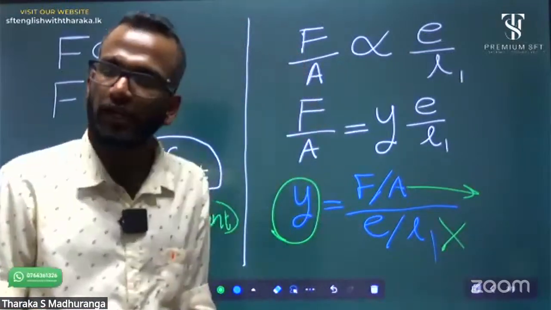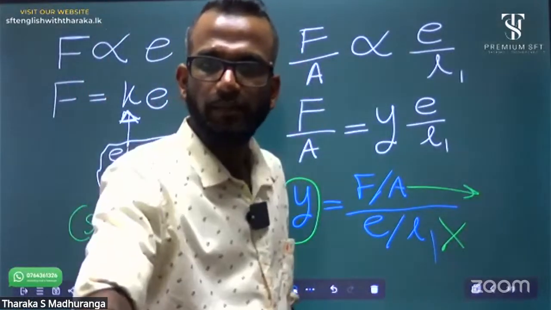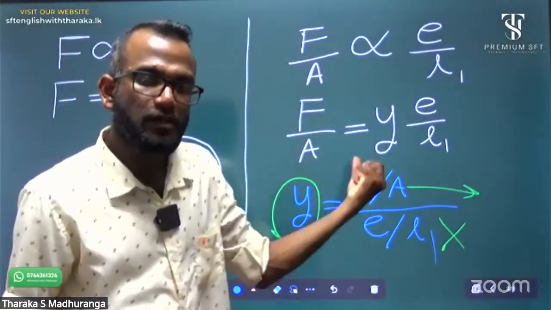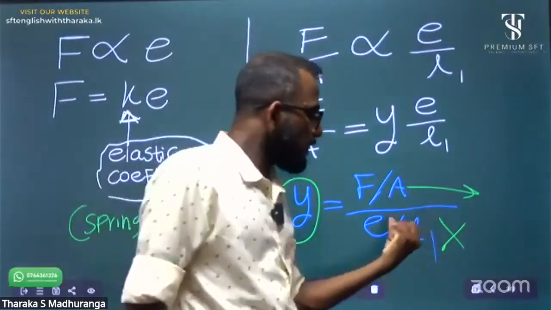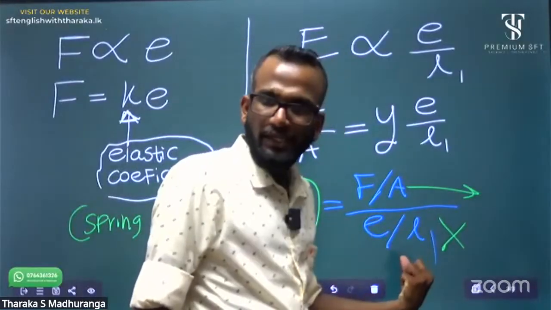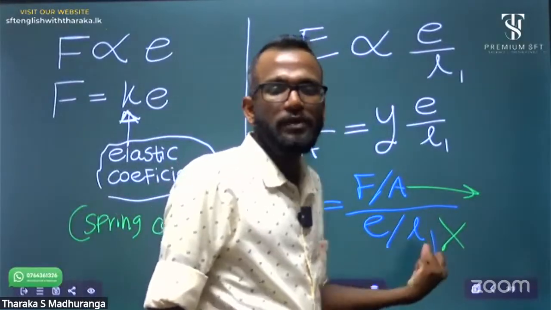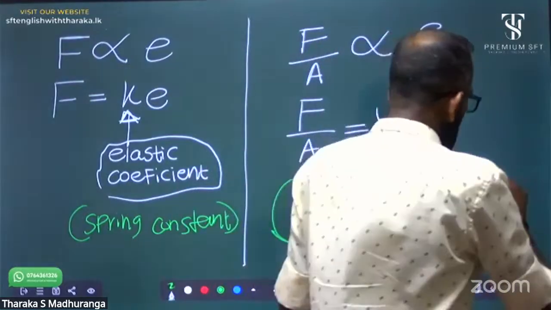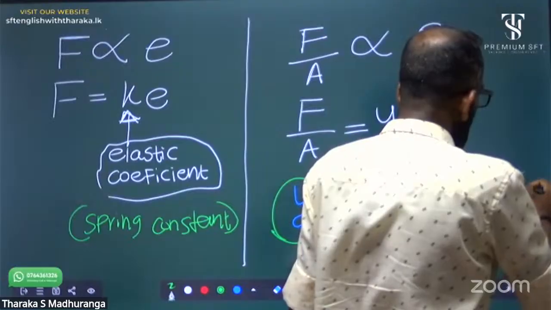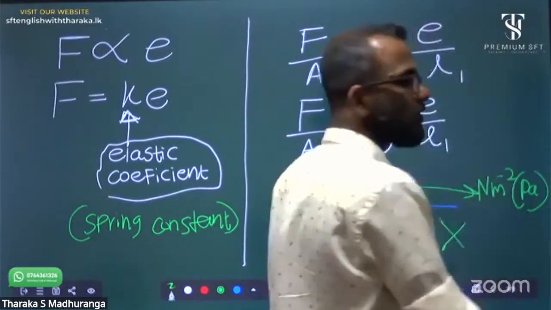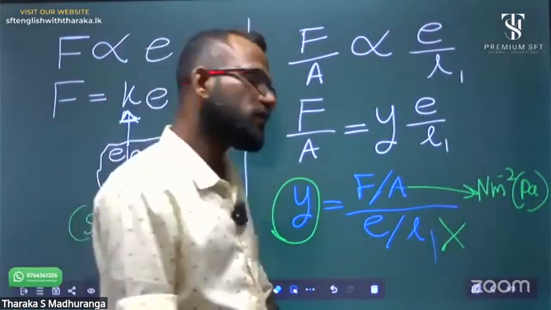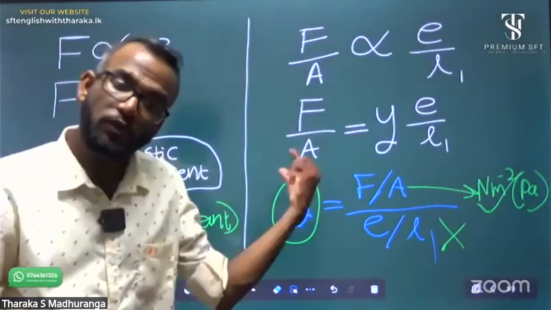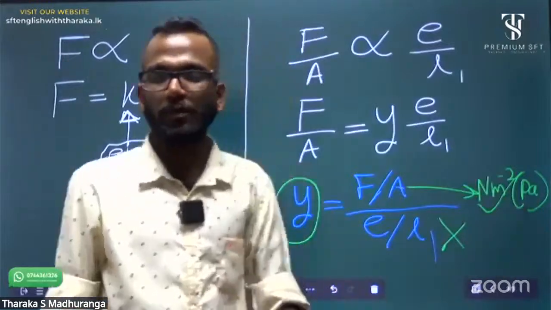Strain is extension over initial length, both in meters, so they cancel out. But the stress unit is N m^-2, newtons per square meter, or pascal. Both are correct. Then the Young's modulus unit is also N m^-2 or pascal.